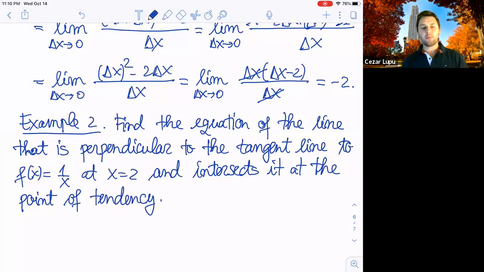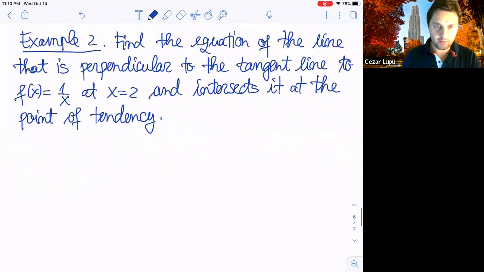And let's see, what do we mean by that? So let's read the statement again.